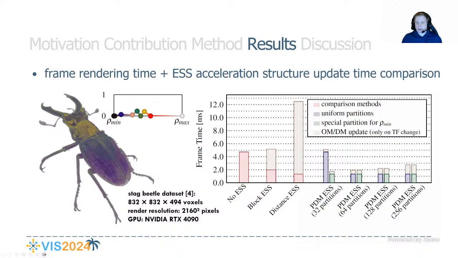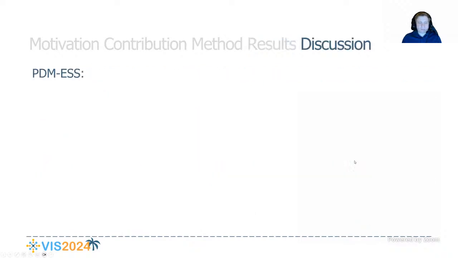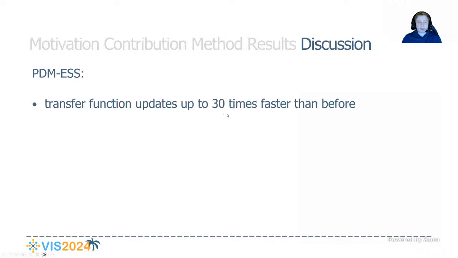In our method, though, we managed to get much faster distance map updates, and therefore we have improved the performance here. In conclusion, PDM ESS allows for a transfer function update up to 30 times faster than before.